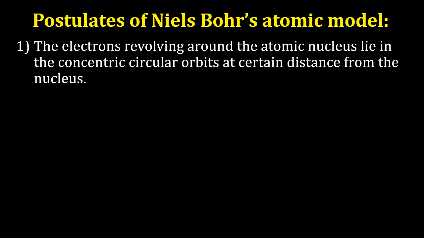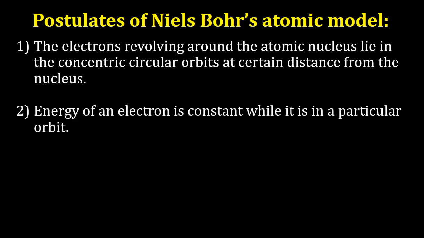Now let us see the important postulates of Niels Bohr's atomic model. The electrons revolving around the atomic nucleus lie in concentric circular orbits at certain distances from the nucleus. The energy of an electron is constant while it is in a particular orbit.